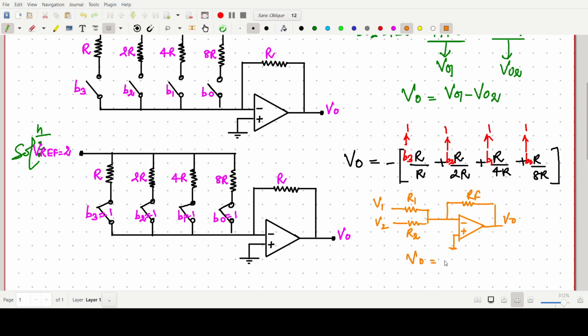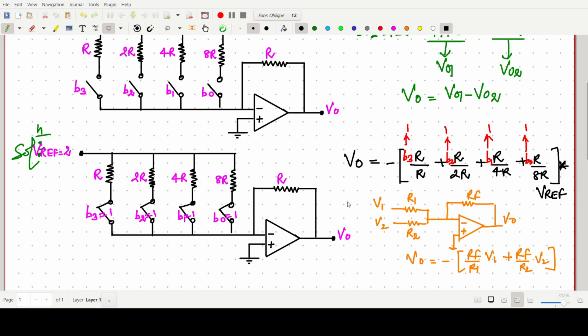As you know, V naught equals minus RF by R1 times V1 plus RF by R2 times V2, the summing amplifier. And we can write one more term, multiplication into V ref.